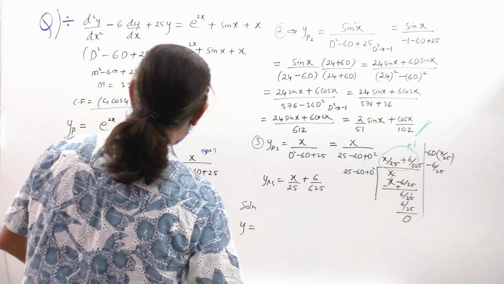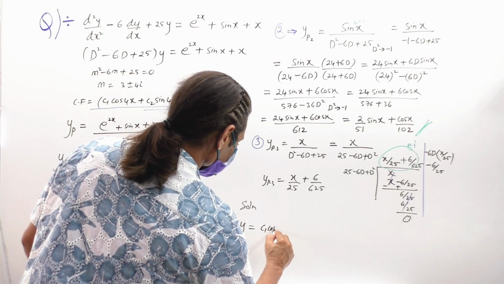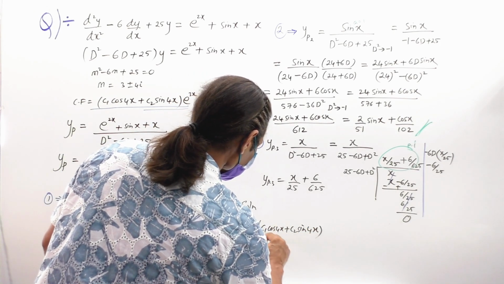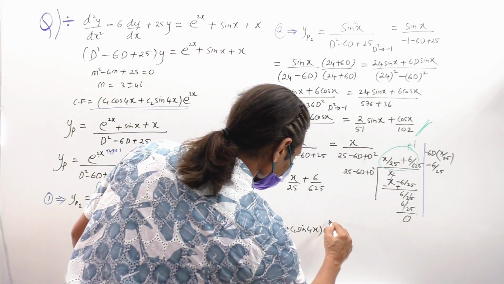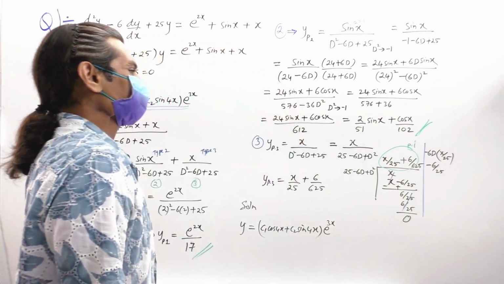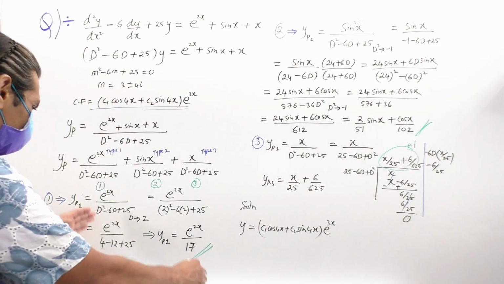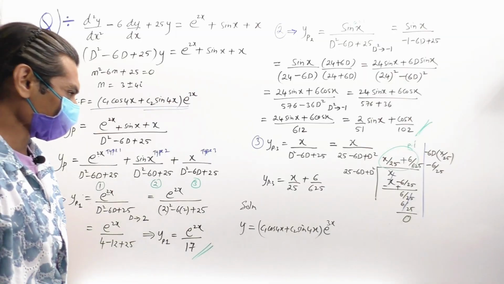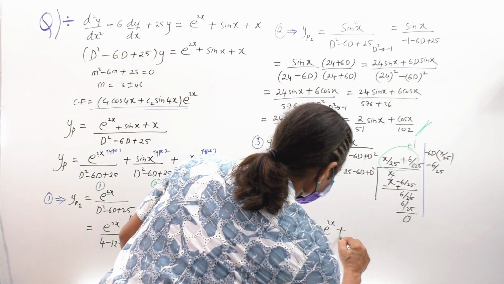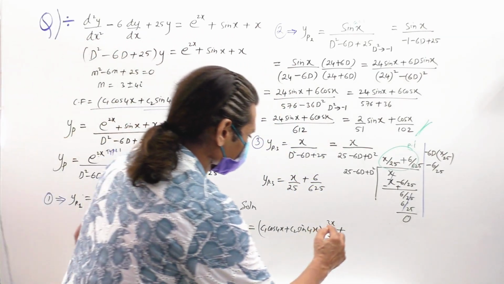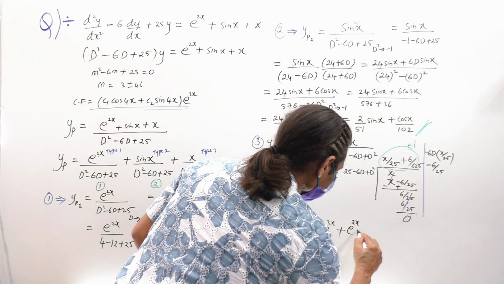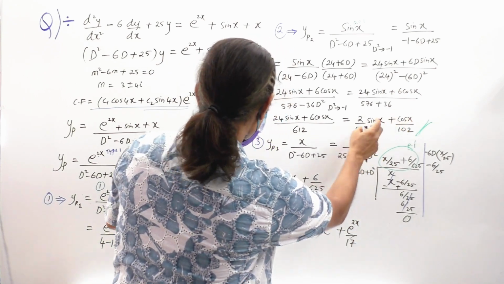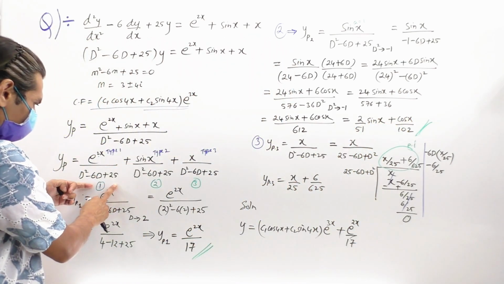So the solution for this question is Y is equal to, let's write here, C1 cos 4x plus C2 sin 4x, whole into e raised to 3x. Write it clearly and legibly so that the examiner can see this and give the full marks. Don't confuse the examiner, please. And plus e raised to 2x by 17, then for the particular integral the solution was 1, 2 and 3.